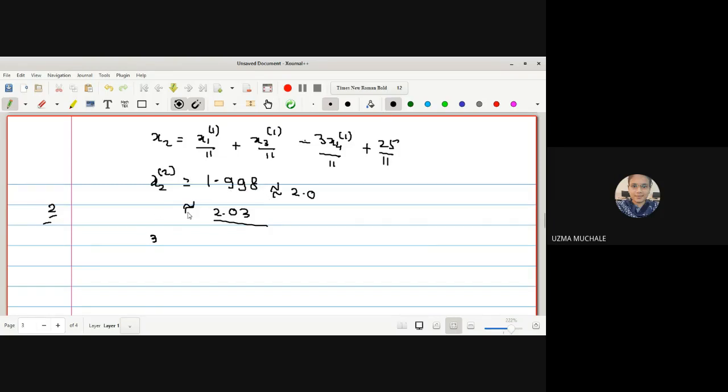Next we can calculate the value of x3. On the equations we have x3 is equal to minus x11 divided by 5 plus x21 divided by 10 plus x41 divided by 10 minus 11 by 10.